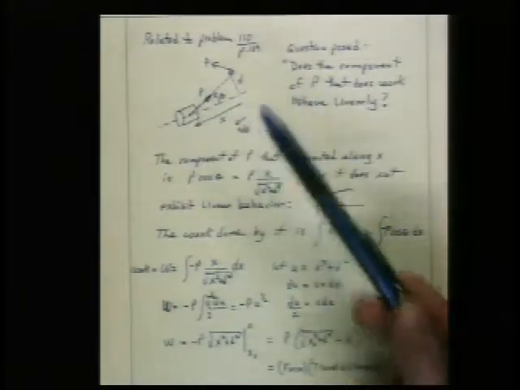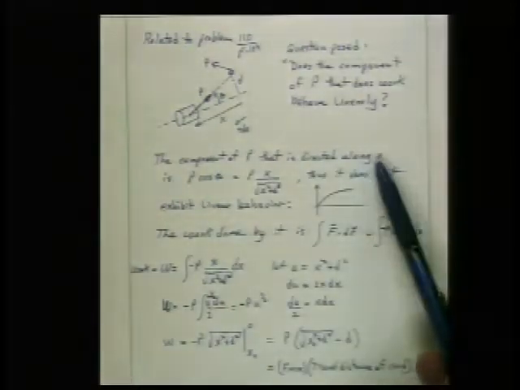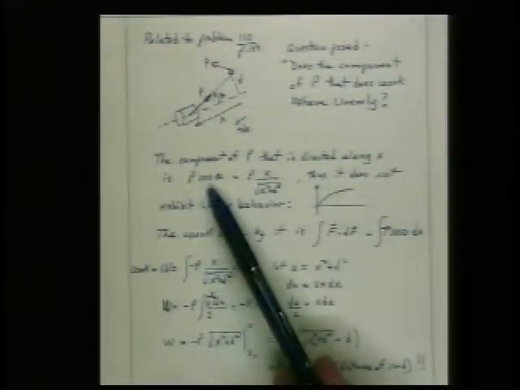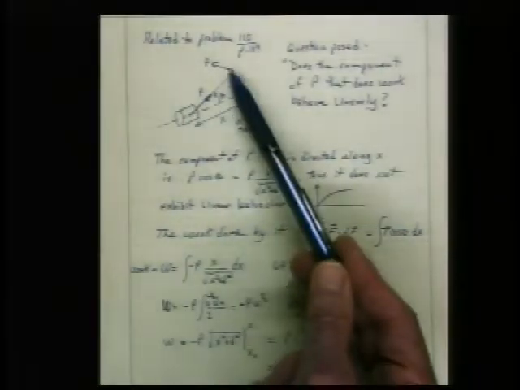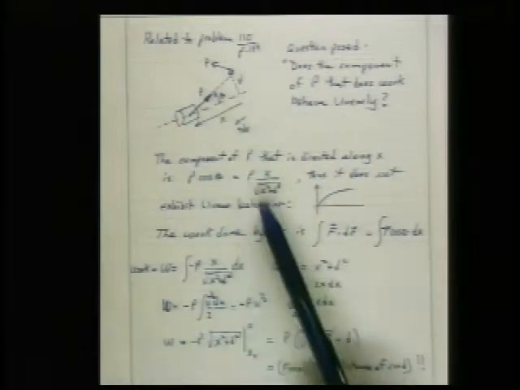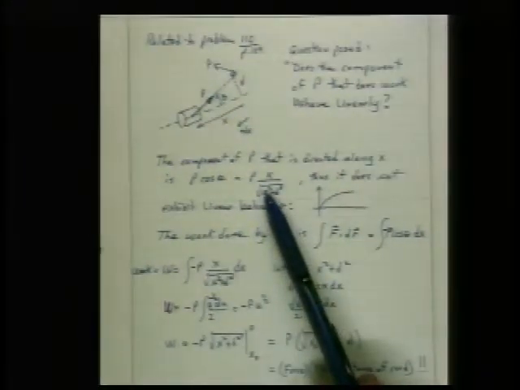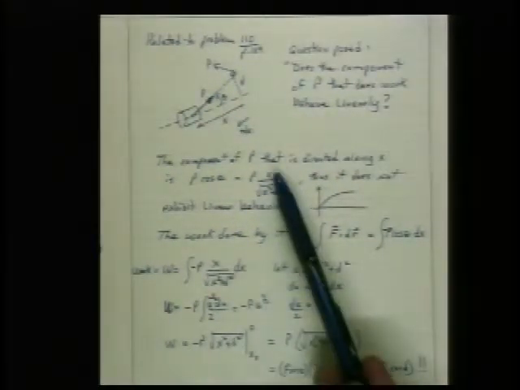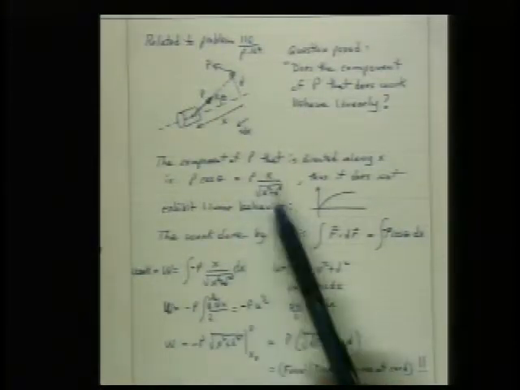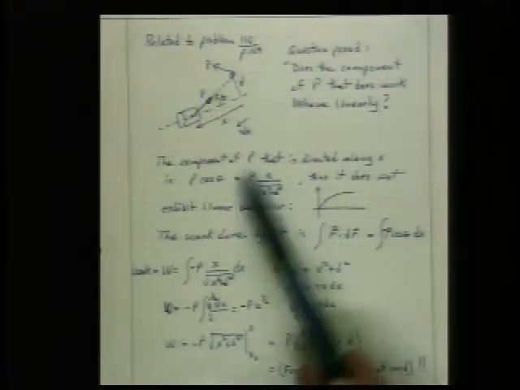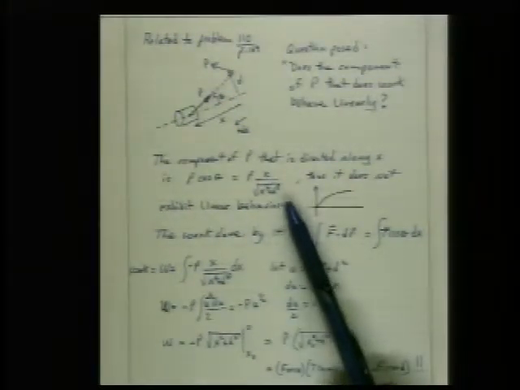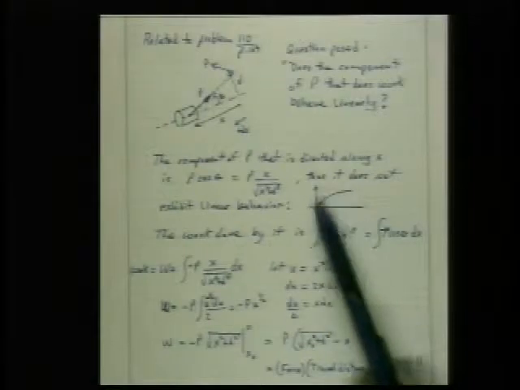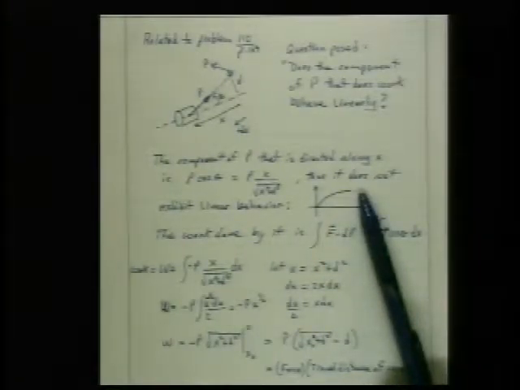The component of P that's directed along x is P cosine theta, but the cosine of that theta angle is x divided by that hypotenuse geometric length, which is the radical of x squared plus d squared. So there's the cosine times P. Now that clearly is not linear. So that answers the question. The graph of that is right here. If we would plot that component of force, here's what the graph would look like.